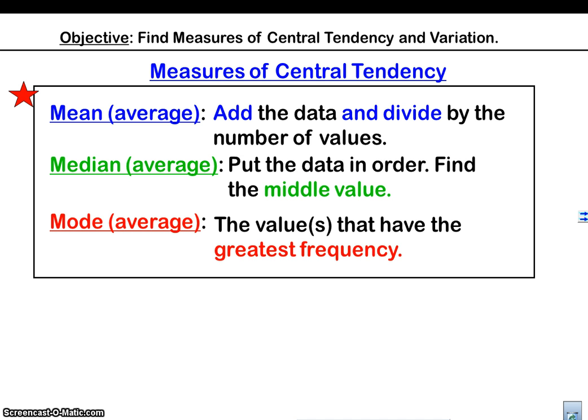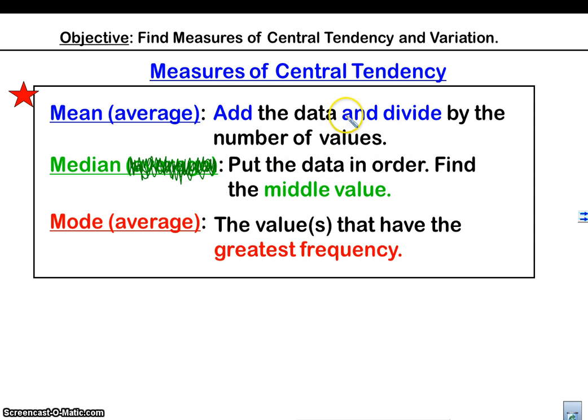Here are the definitions of the mean, median, and mode. The mean is the average, and I assume by now that you know how to do the average because you've seen it before. The median is not the average. What we do to find the mean is add all the data values, and then divide by the number of values there are.